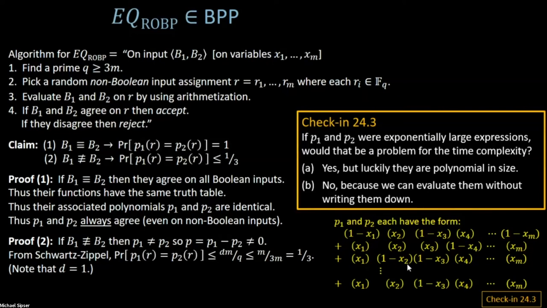They are not polynomial in size. The truth tables can be very large, but we don't have to, as we did with the branching program for the exclusive OR case. You don't actually write down the polynomials to evaluate them. You can evaluate them as you're going along. The polynomials are huge, but you don't have to write down the polynomials to evaluate them.